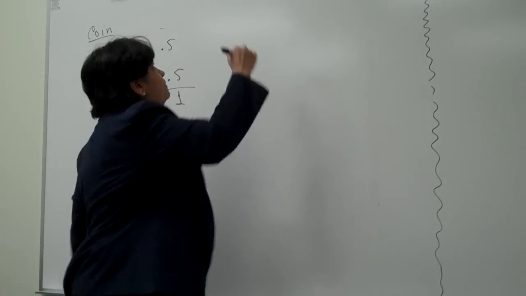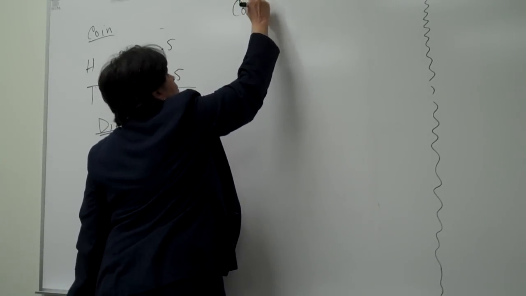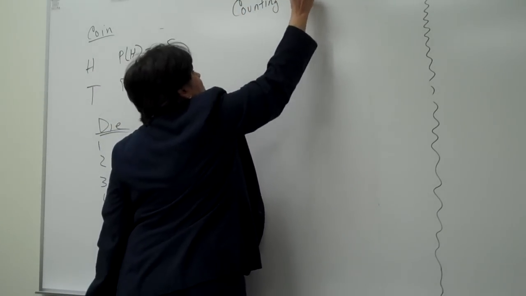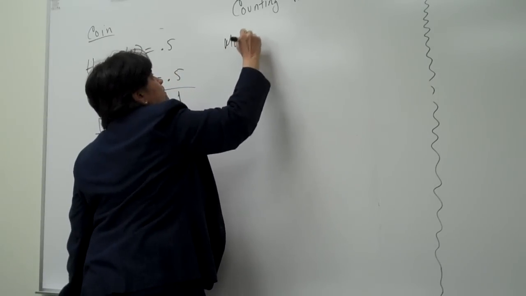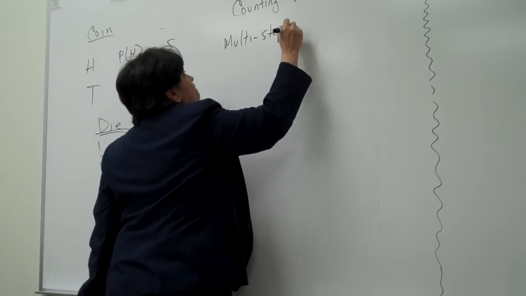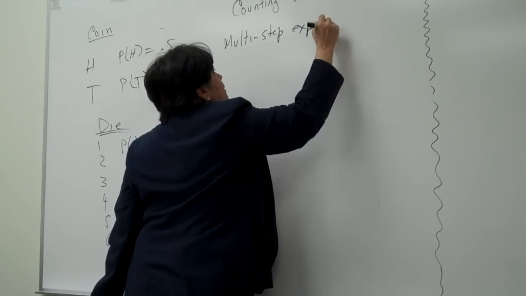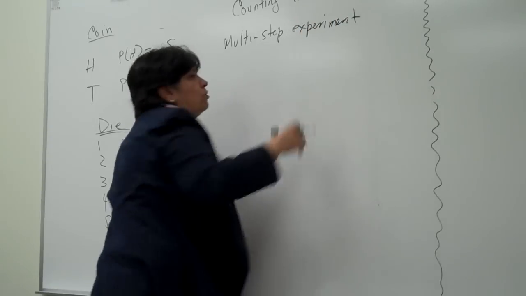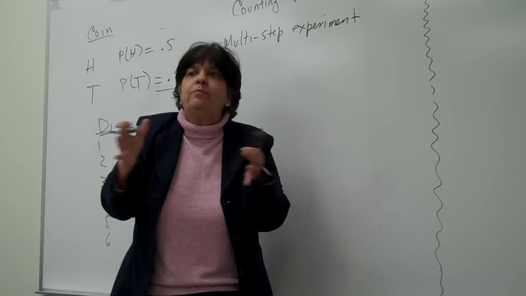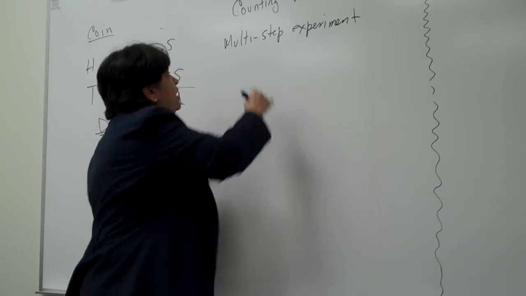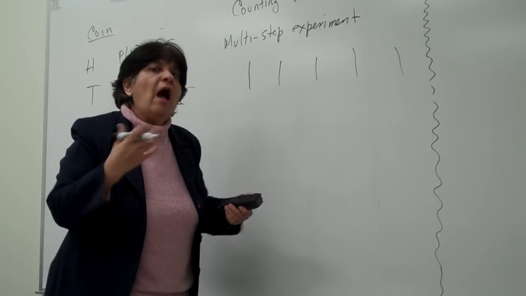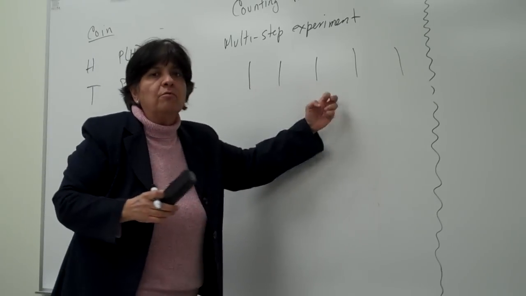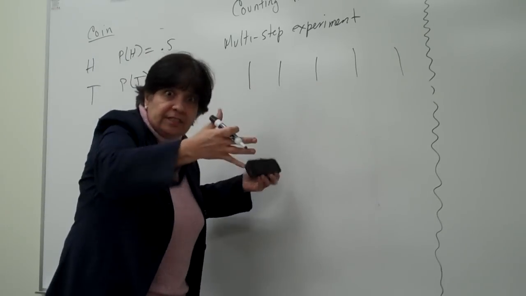When we have a multi-step experiment, so it's an experiment that has multiple steps, and in each one of the steps you may have different numbers of outcomes that come out from these steps.